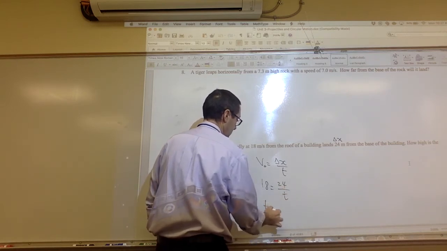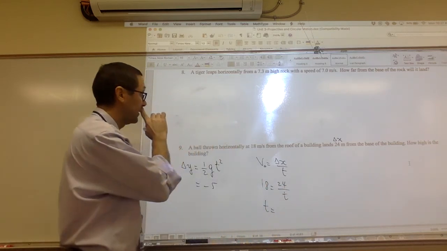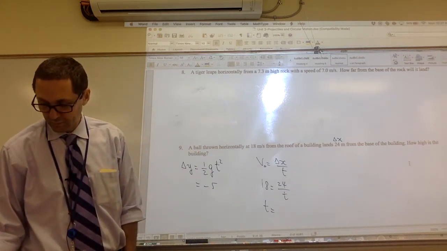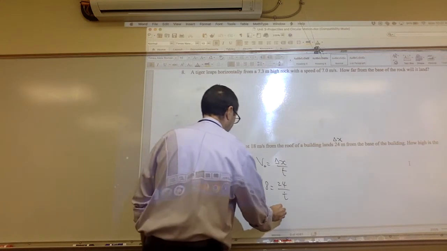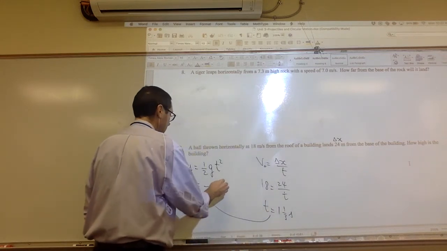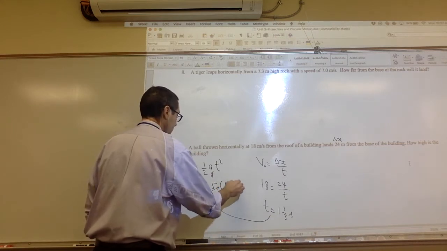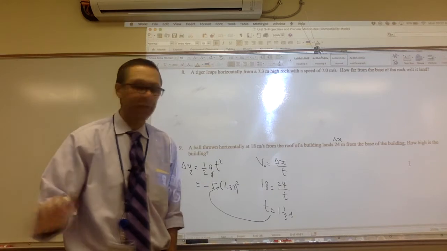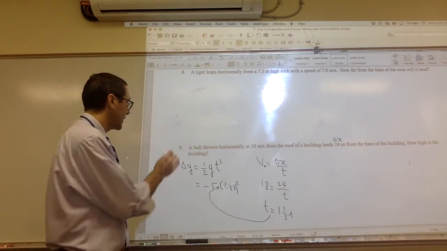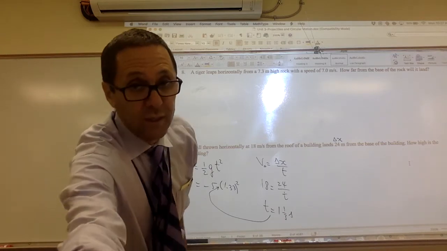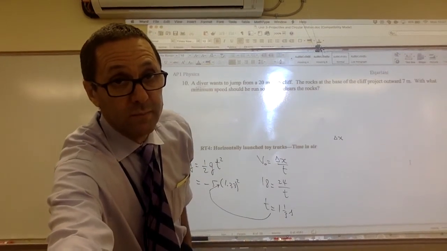So t is 24 over 18, which is 1 1/3. And all you have to do is put that in here and square it, of course. Okay, and you should get about 8.89 meters. So you're going to get a negative, but since it's asking how high is the building, you have to give the positive answer.